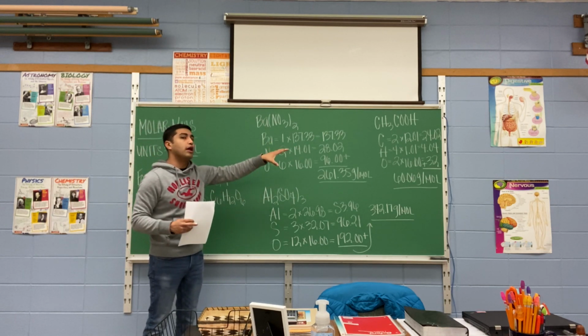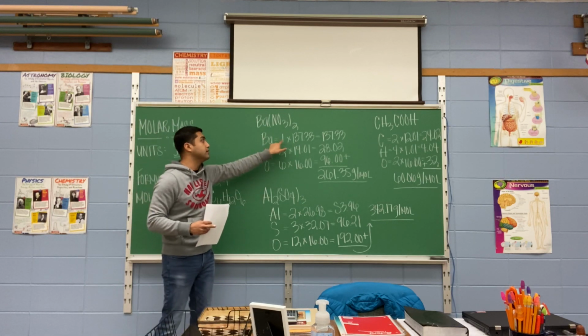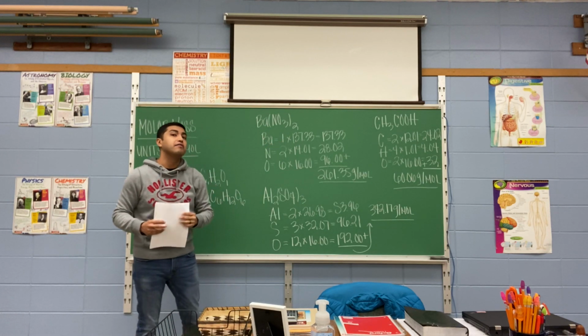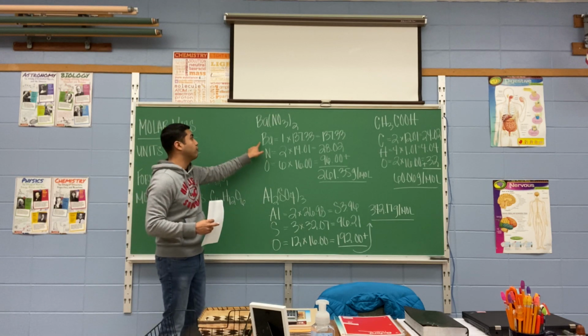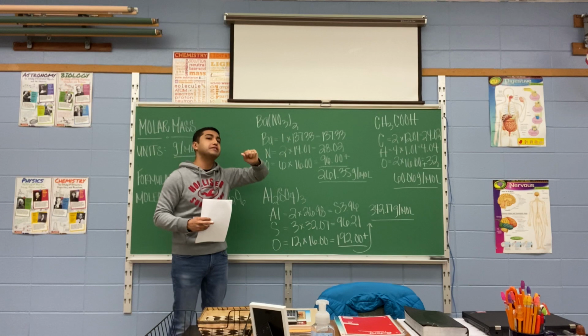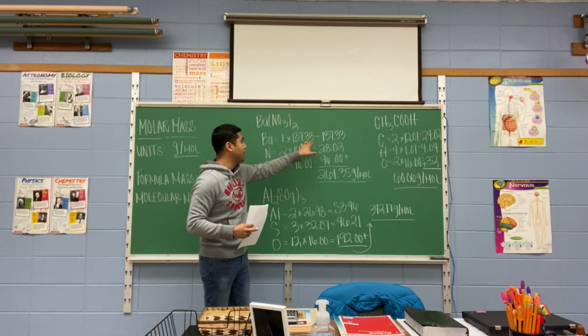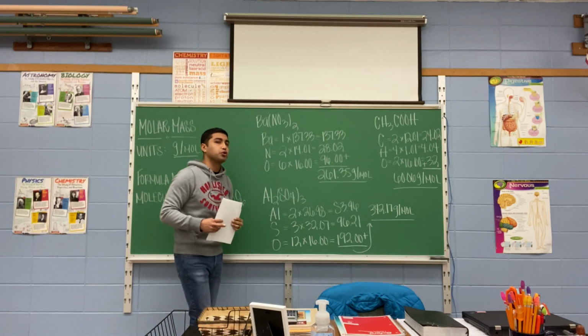Now, each one of the masses is per atom of the element. This is why you need to multiply it by how much you have. In this instance, because you only have one of barium, you're going to multiply 1 times 137.33. Very simply, when you multiply that, you're going to get the same number because it is multiplied by 1.